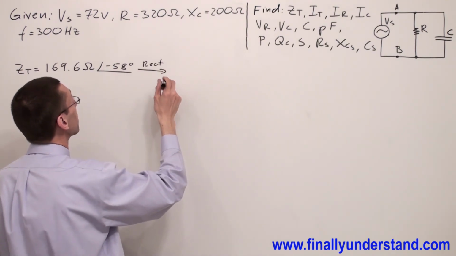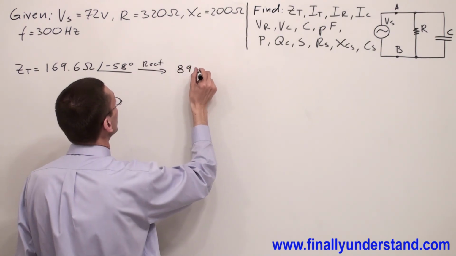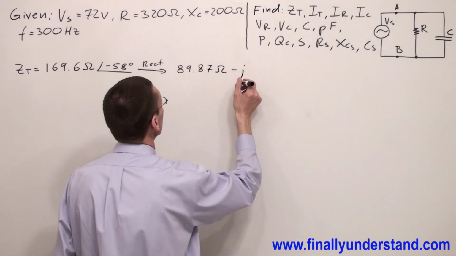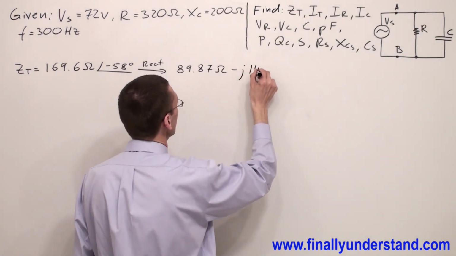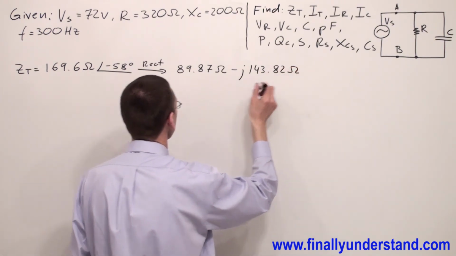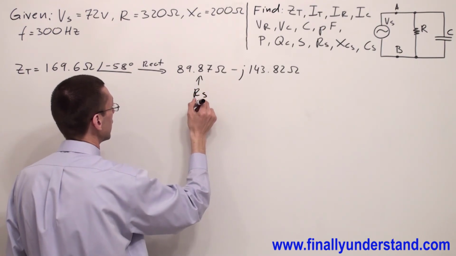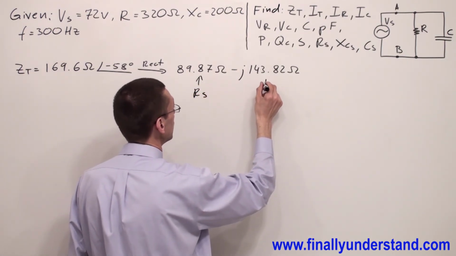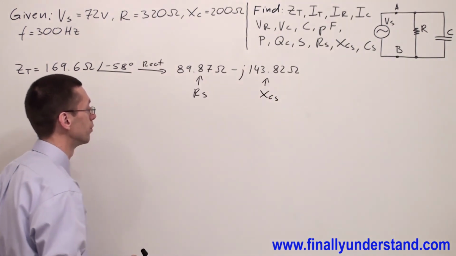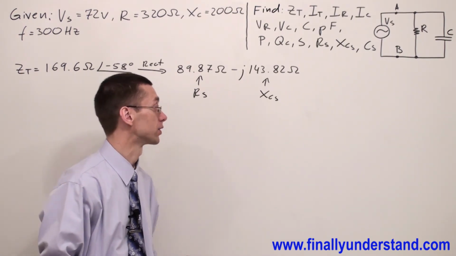This is equal to 89.87 ohms minus j143.82 ohms, where the real part is my R_S and imaginary part is my X_CS. Okay, so this is my resistance and this is my new capacitive reactance.